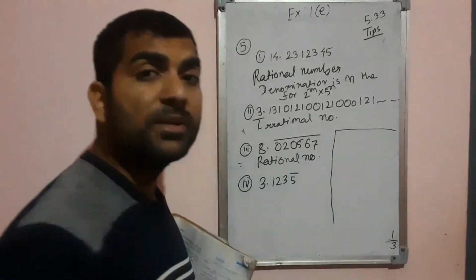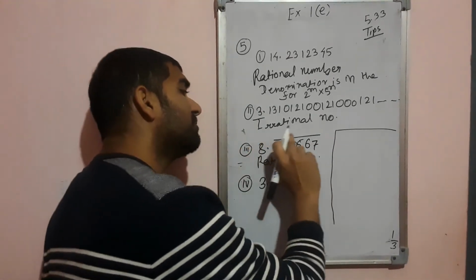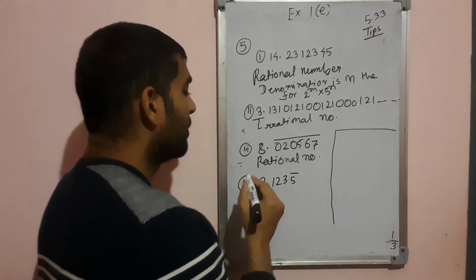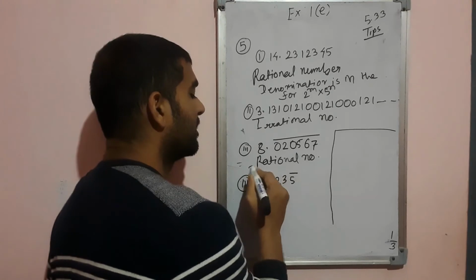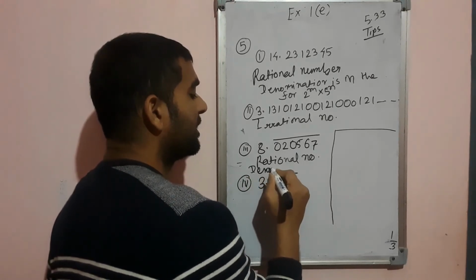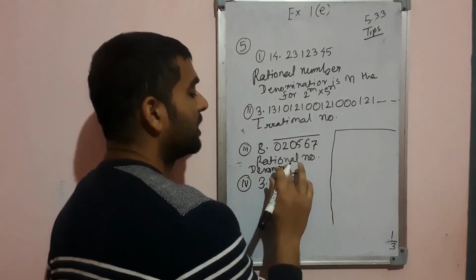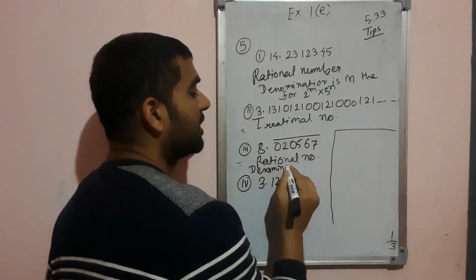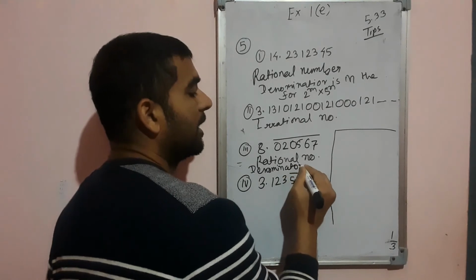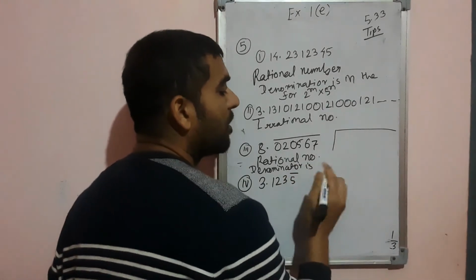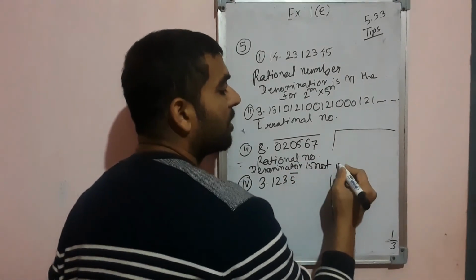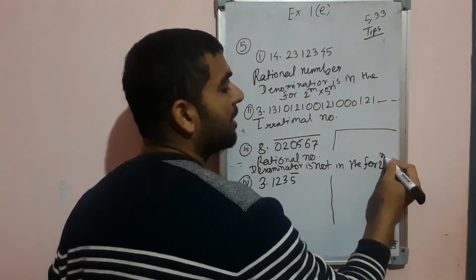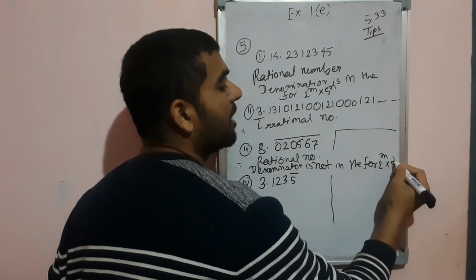And what about the denominator? Yes, if there is a bar, what I said, you cannot write the denominator in the form 2 power m into 5 power n. The denominator is not in the form 2 power m into 5 power n.